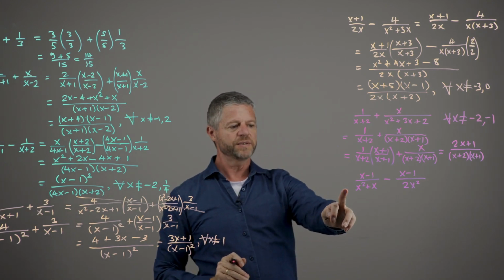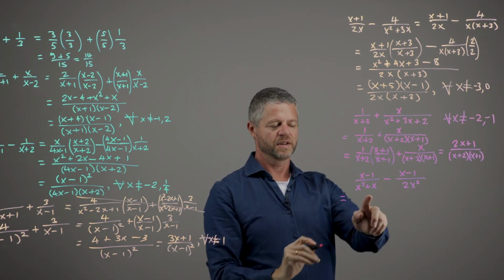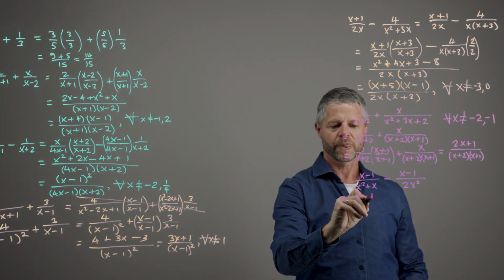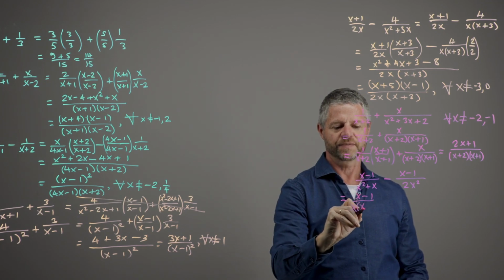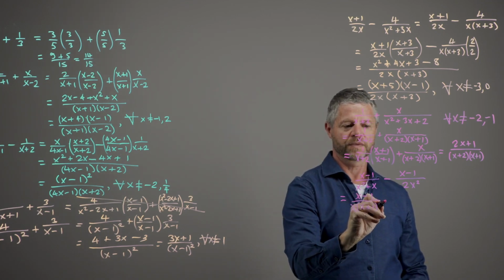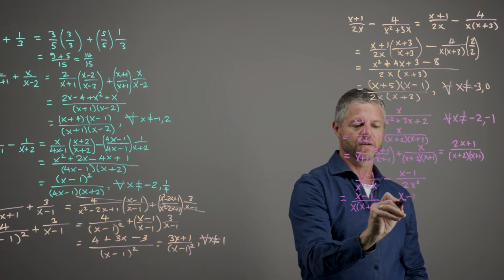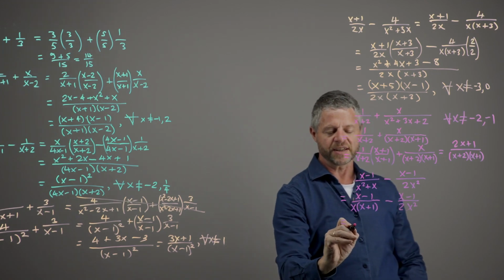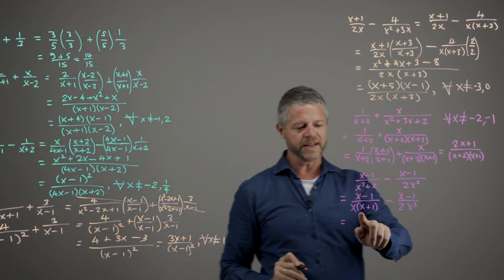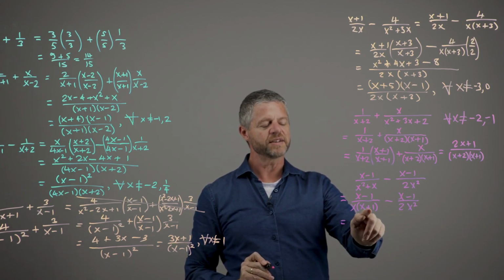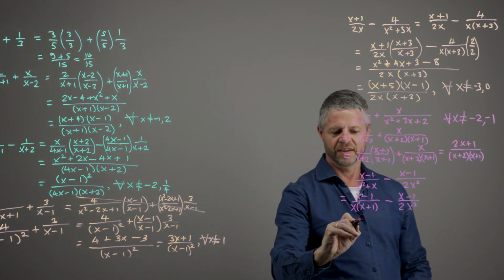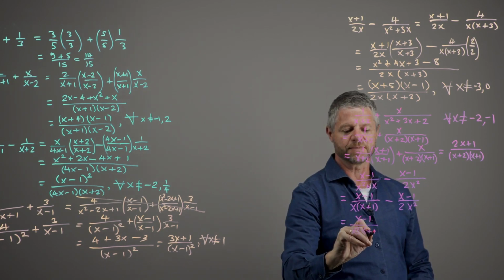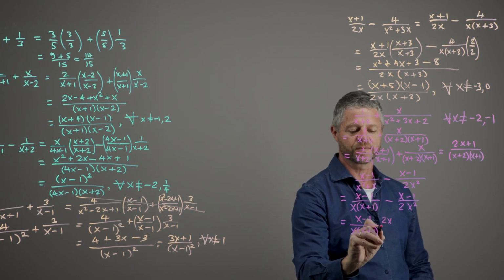And then for the second one, we can factor the denominator of the first expression, pull out an x, and so our common denominator is going to be x, 2x squared, x plus 1. So the first expression, we're going to have to multiply by 2x.